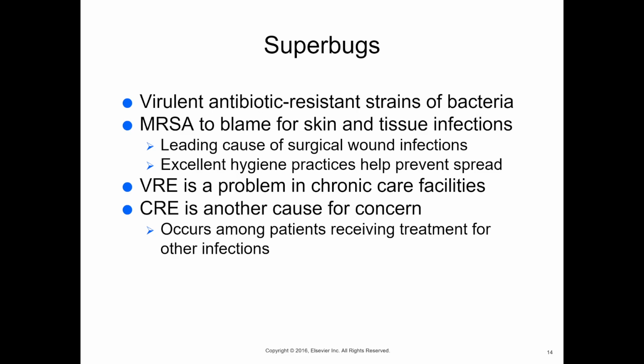So it is a major concern when we talk about the overuse of antibiotics, because believe it or not, bacteria do actually sort of communicate with each other, and they can share DNA, right?